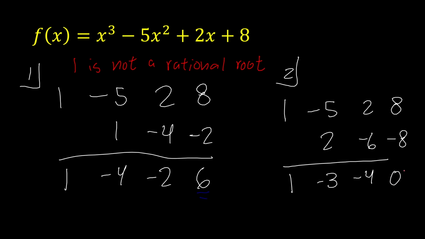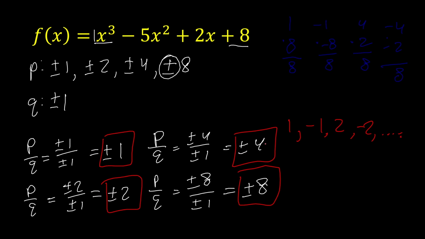And there is no remainder in this root. So 2 is a rational root of this polynomial function. Now let's try 4.